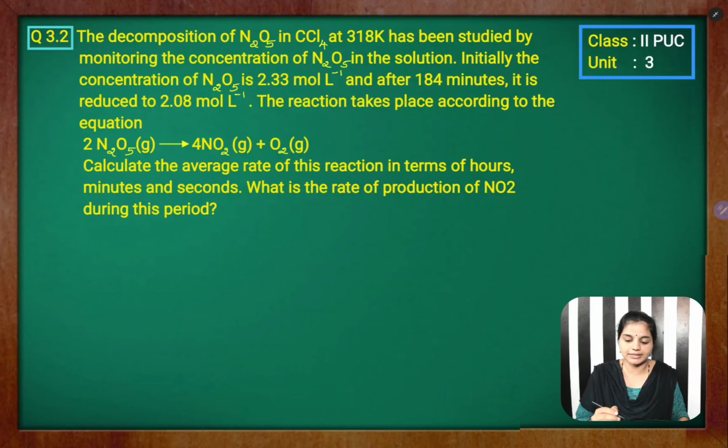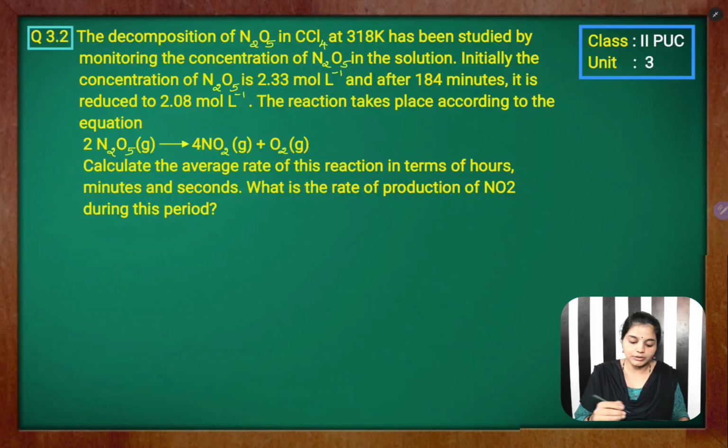The reaction takes place according to the equation 2N2O5 gas giving 4NO2 gas plus O2 gas. Calculate the average rate of this reaction in terms of hours, minutes and seconds. What is the rate of production of NO2 during this reaction?